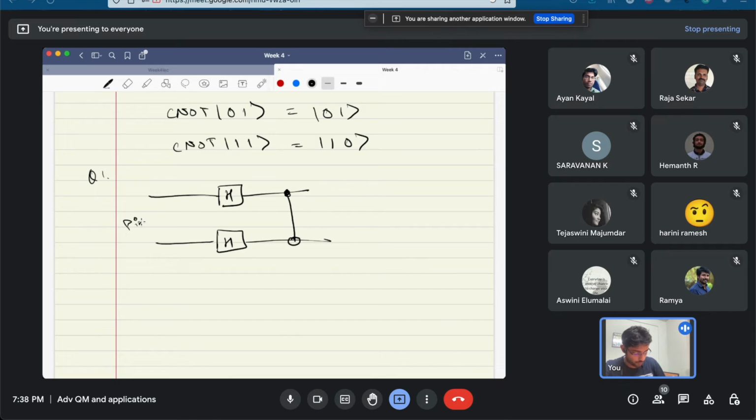So we have a rho input. This is your first qubit, this is your second qubit, and we are to find rho out for a given rho input. So let's say your rho input is something of the sort. It's an entangled superposition, and we have to find your rho out from this rho in.